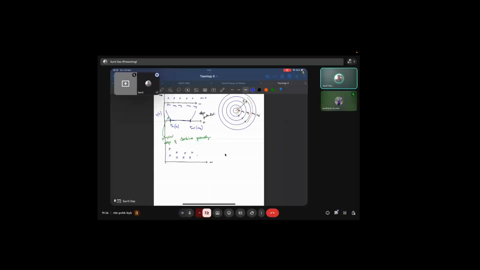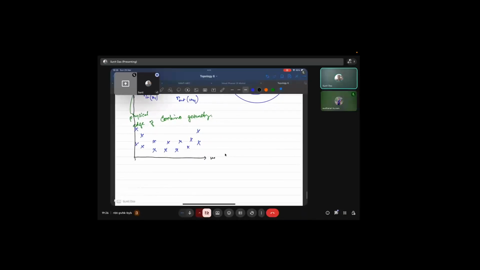M5 will also be at some higher energy, and there are other M's which I have not drawn. This was my n equal to 0 level, and this is M1, M2, M3, M4, M5, and so on. Up to here we have the same energy as earlier, equal to the n equal to 0 level. And M5 again experiences an extra potential of VR, so it bends.